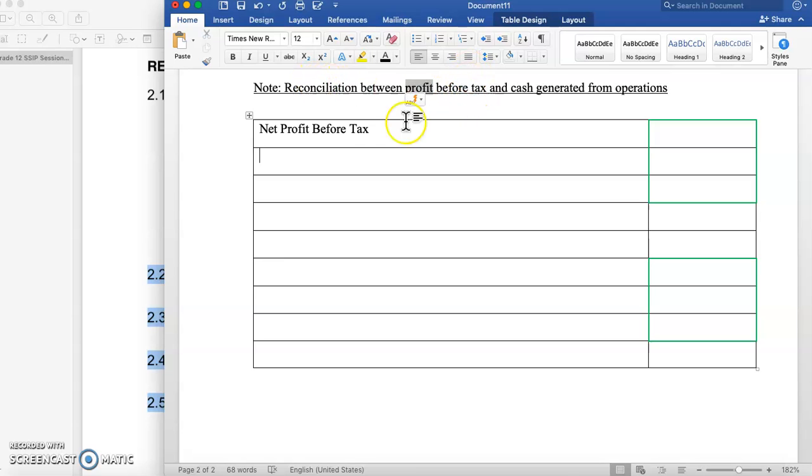Now, in order to reconcile the net profit before tax and the cash, we're going to have adjustments. And usually there are two adjustments. Not always, but here we're just going to do two adjustments. In respect of, first is interest expense.